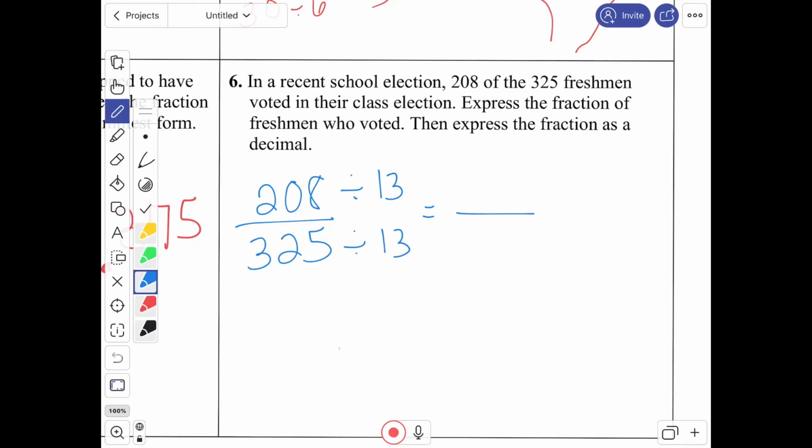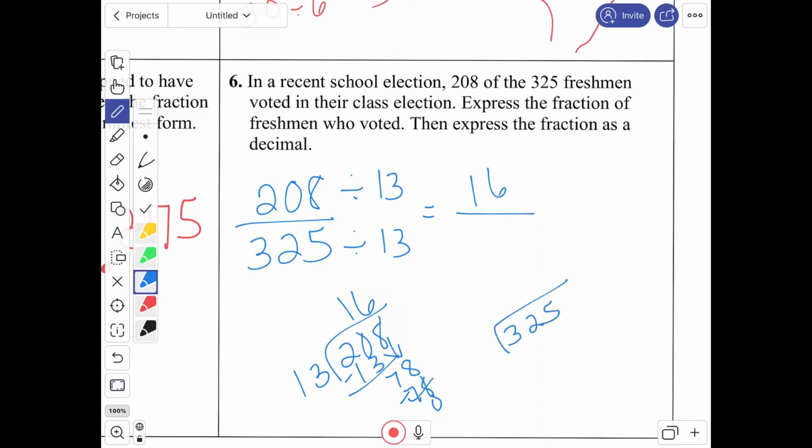So 208 divided by 13 is 16. So 16 is my new numerator. And then 325 divided by 13 is 25. So 208 over 325 simplified is 16 over 25.